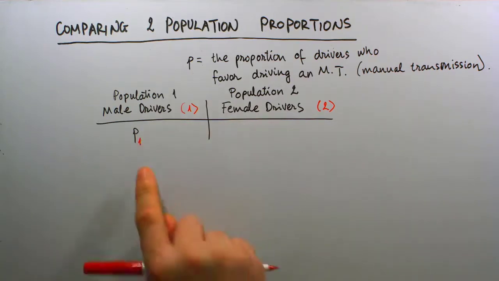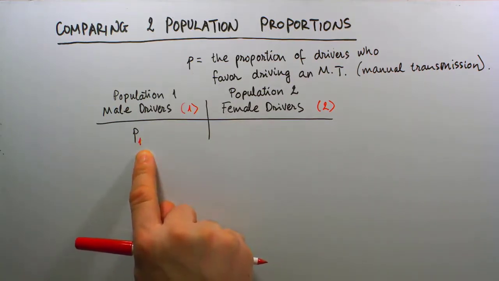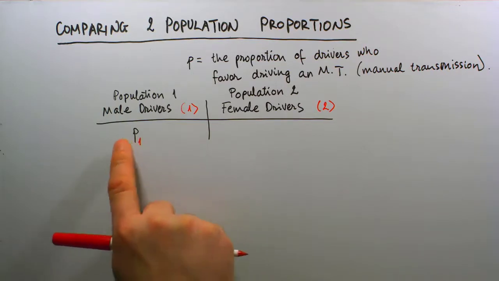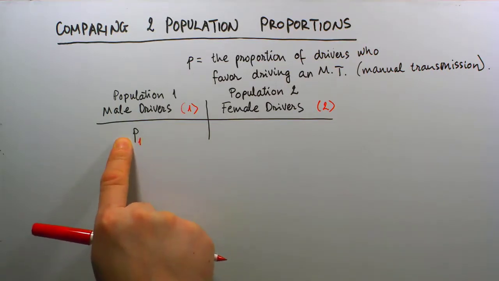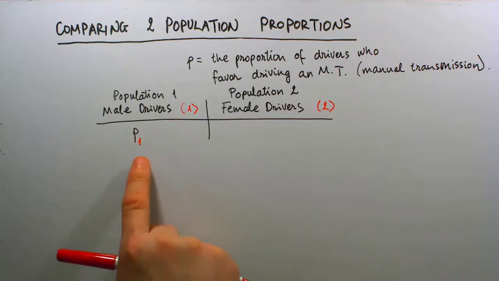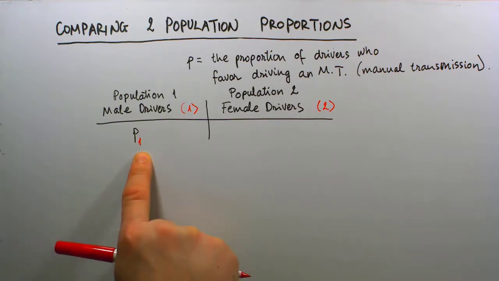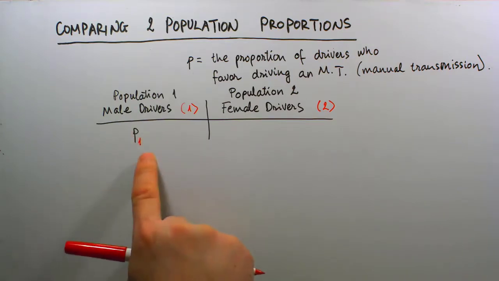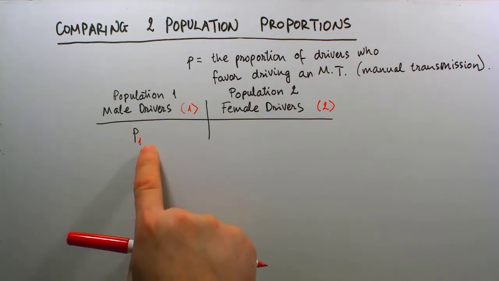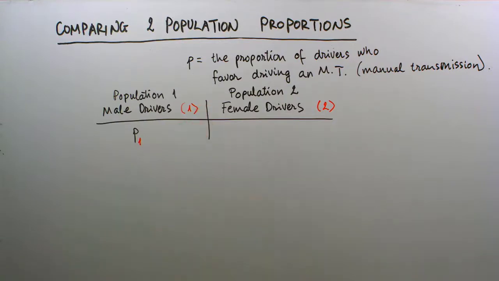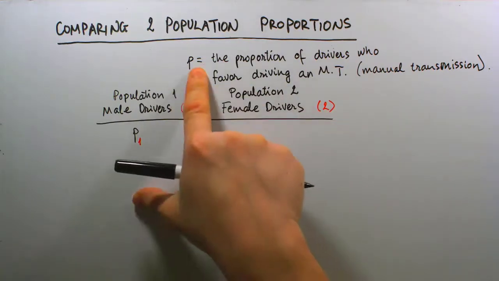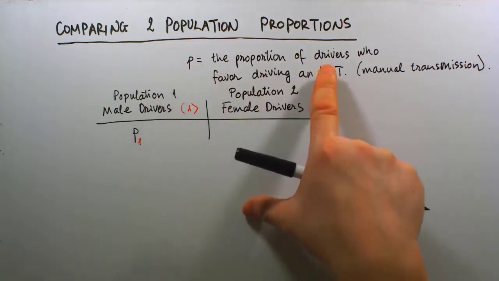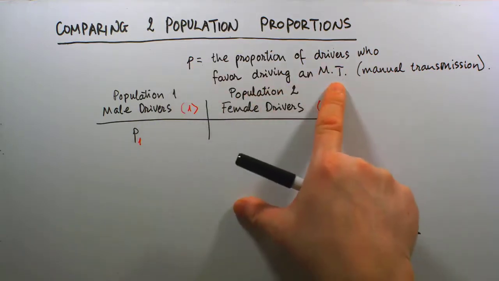I use a subscript 1 right here to indicate that this is a population parameter, a population proportion value, but the subscript 1 explains that this value specifically belongs to population 1.